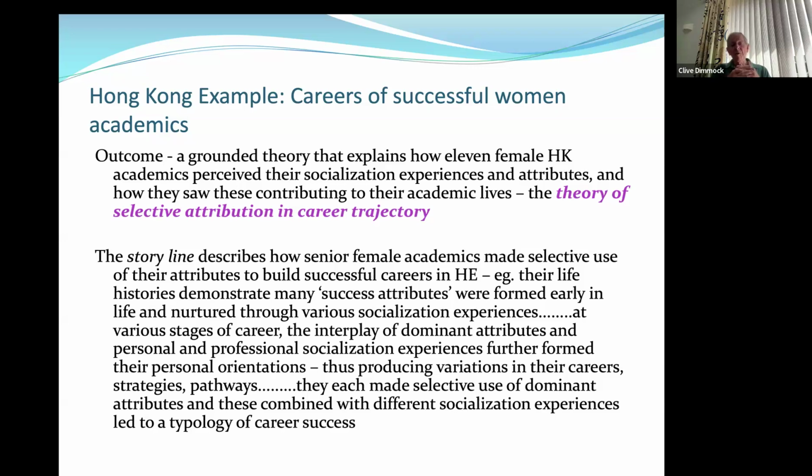She has a storyline describing how they all had some commonality of attributes, but they also emphasized differently 3 different sets of attributes that account for their 3 separate career paths, how they built their career success according to whether they were strong researchers, strong teachers, or strong risk takers and opportunists.